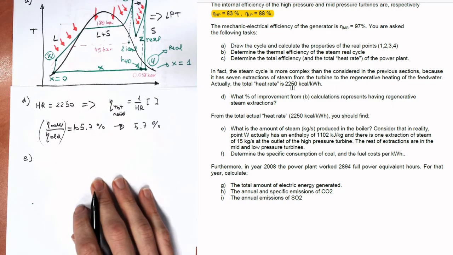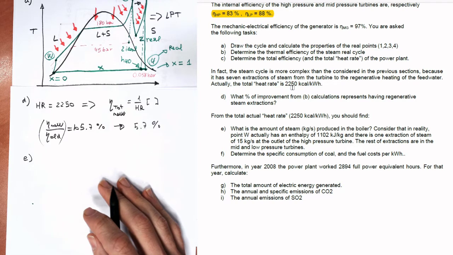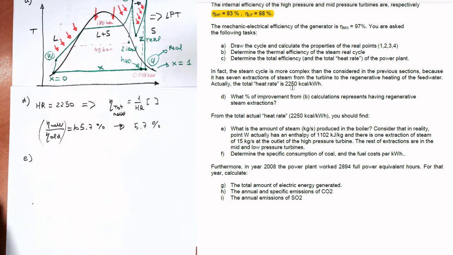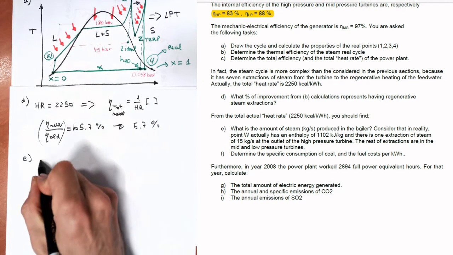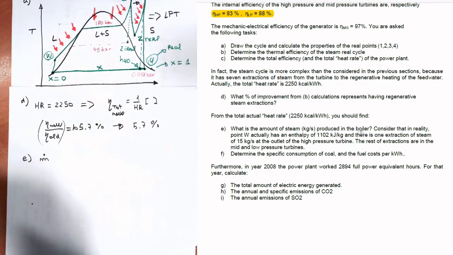Question E asks, what is the amount of steam? So now from the total actual heat rate you should find it. Now we know that it's not exactly the same, and the difference is that there is regenerative heating of the feed water. Then it asks, what is the amount of steam produced in the boiler? So we need to calculate the mass flow that's going through the boiler. We don't know that.